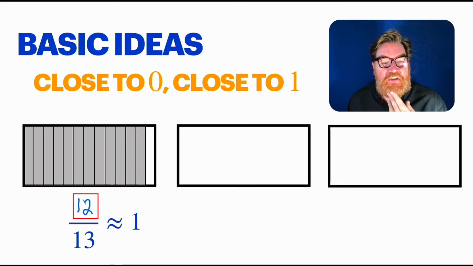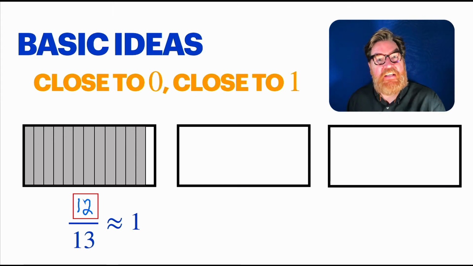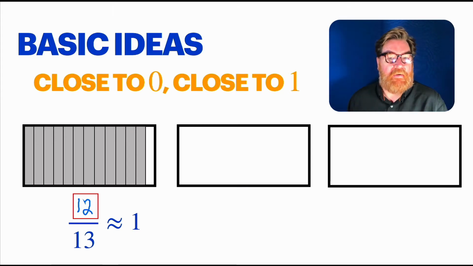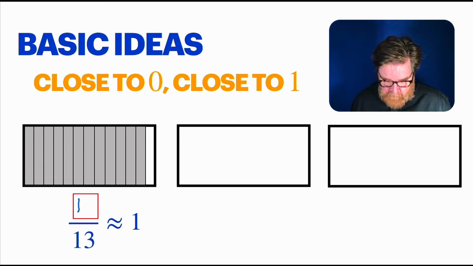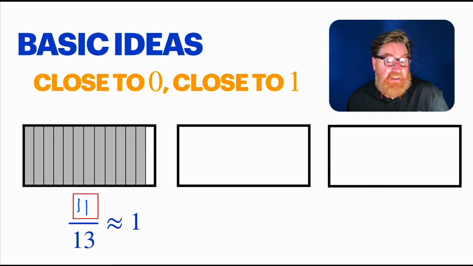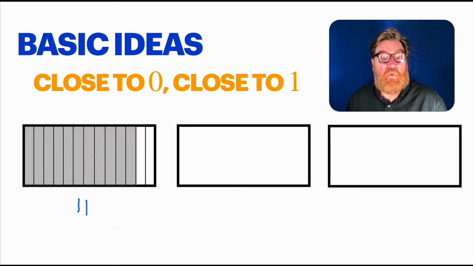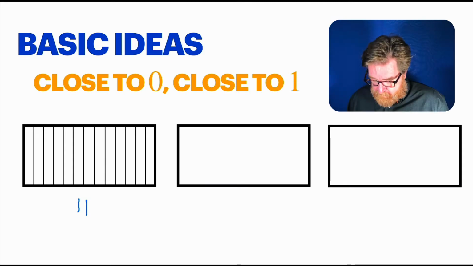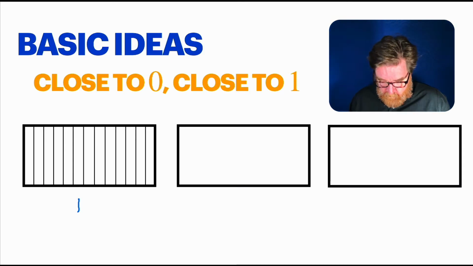Here's our shading. Look at that. 12/13ths is almost 1. It's almost the whole bar. I guess we could also do 11/13ths, right? That's also kind of close to 1. But probably 12/13ths is the way to go. That's as close as we can get with those full 13ths.